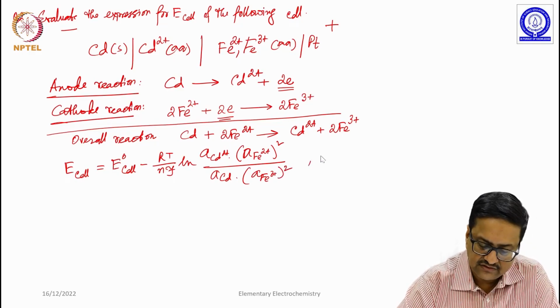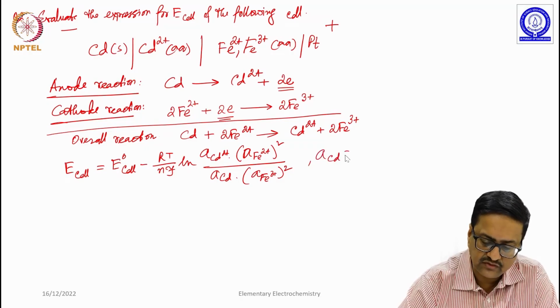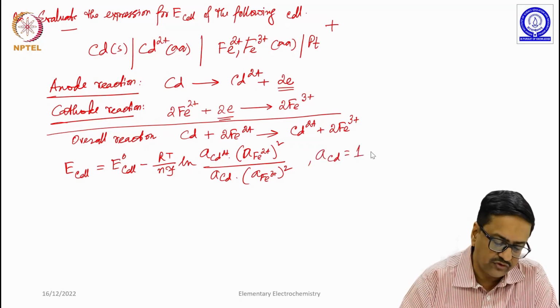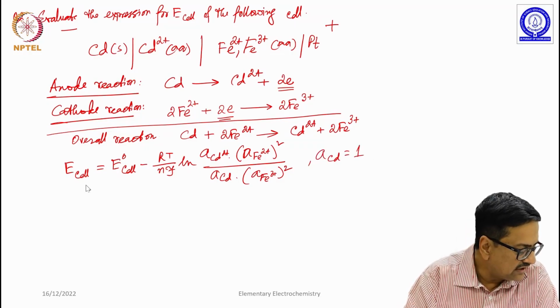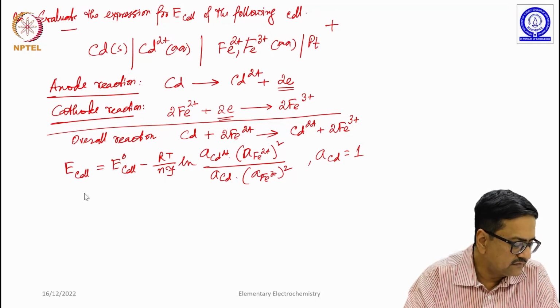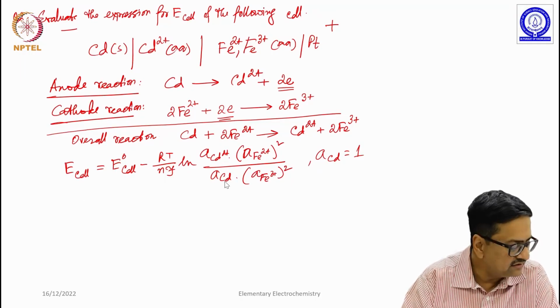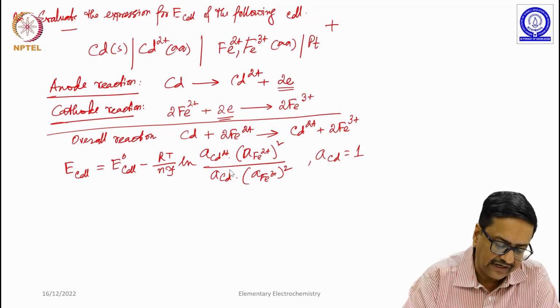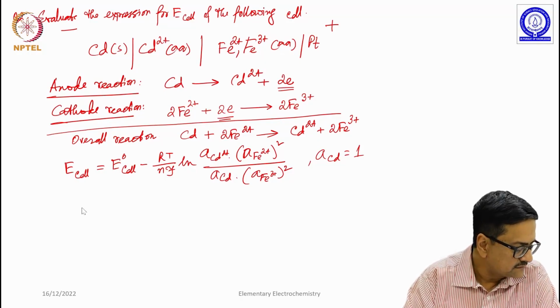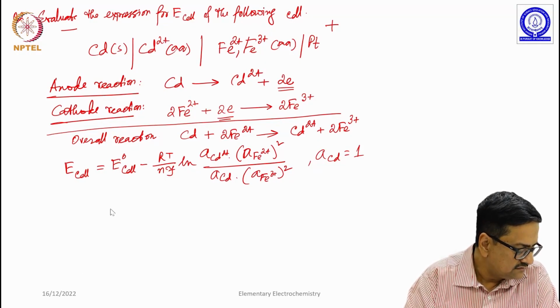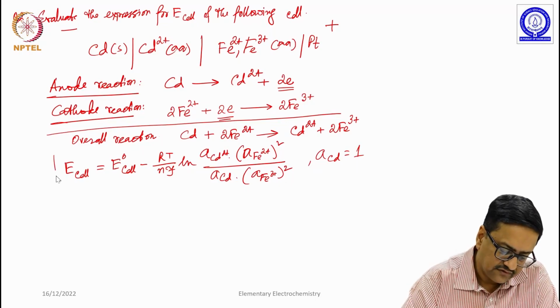Now one can set the activity of Cd equal to 1 because it is a pure metal, so one can write the E cell without the activity of Cd.